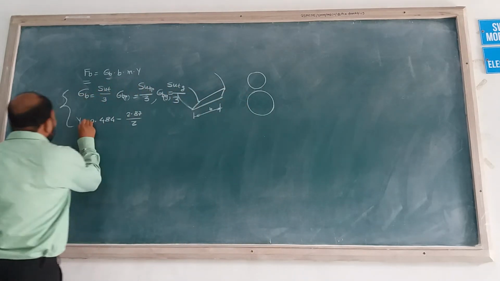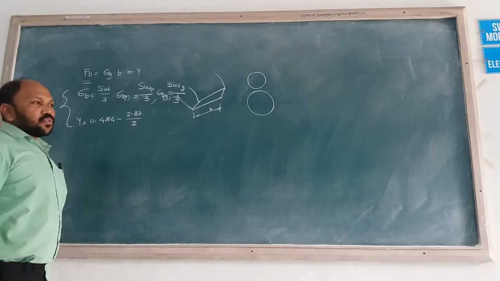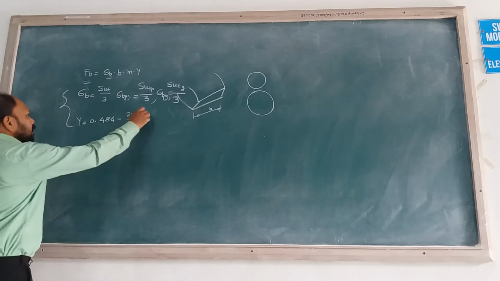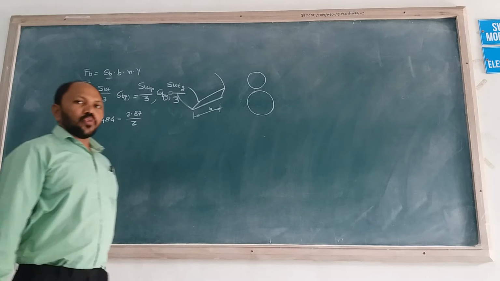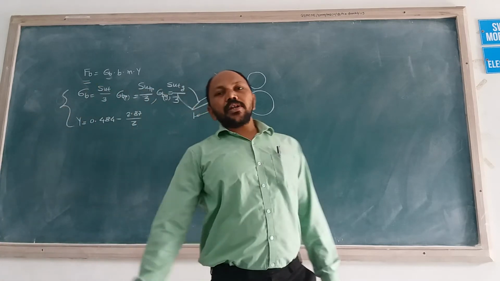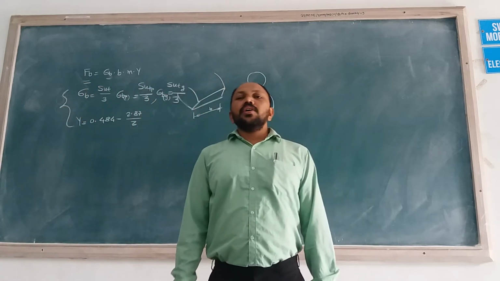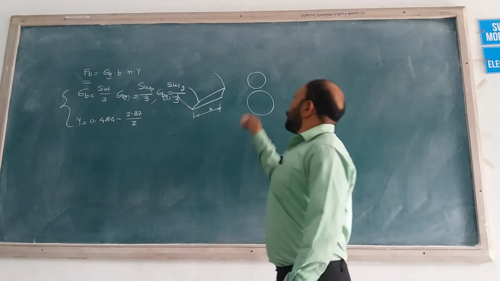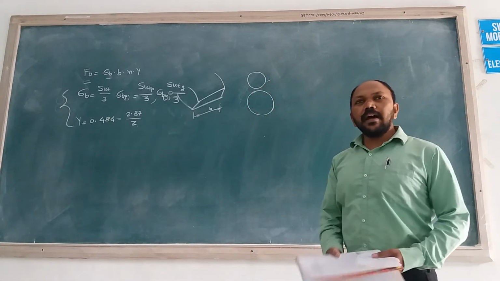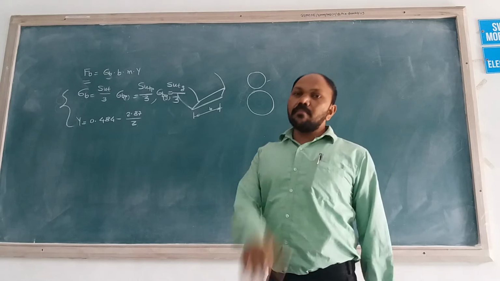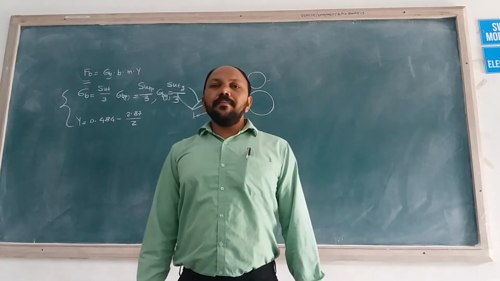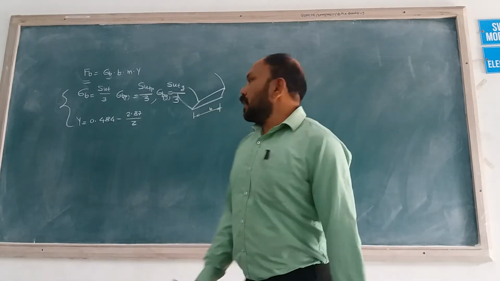If we see the second equation, Y is equal to 0.484 minus 2.87 upon z, here also the Y factor depends on the number of teeth. We already know that the pinion has a smaller diameter, so fewer teeth are available on the pinion.